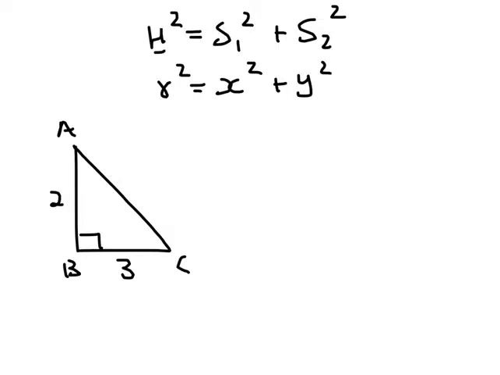You can already see that you have two sides and the third side is unknown. Is that unknown side the hypotenuse or just a leg? It is the hypotenuse. Why? Because it is the side facing that 90-degree angle.